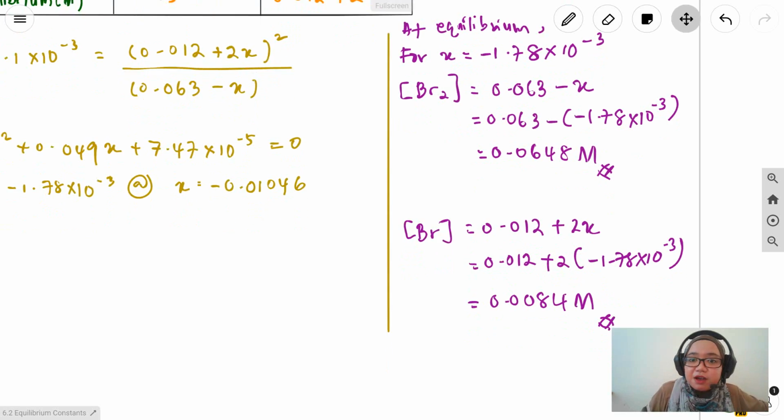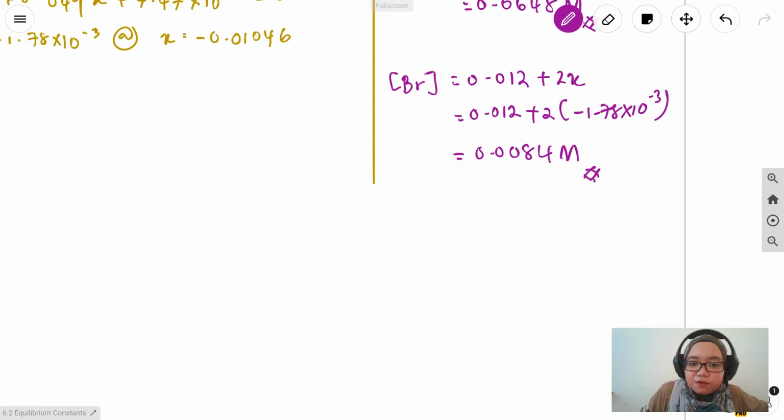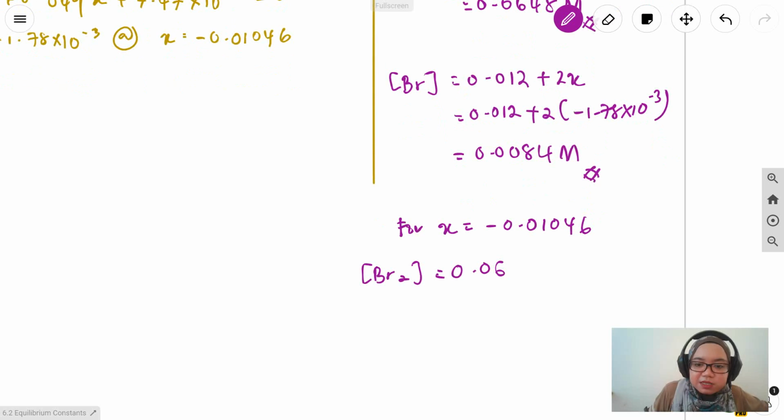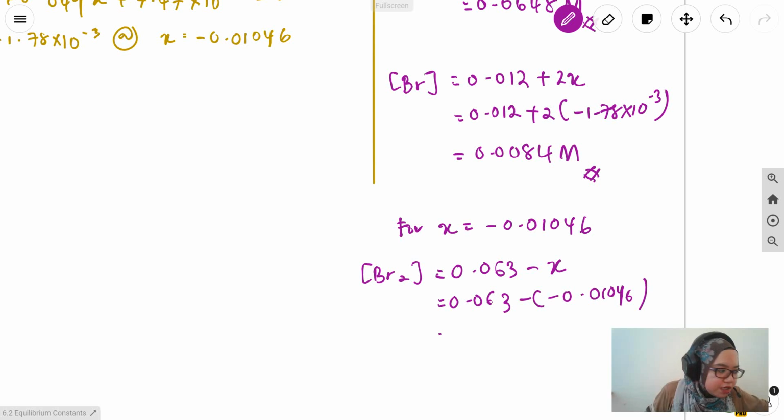Now for x equals negative 0.01046, the concentration of Br2 is 0.063 minus x, so 0.063 minus negative 0.01046, which gives 0.07346 molar.